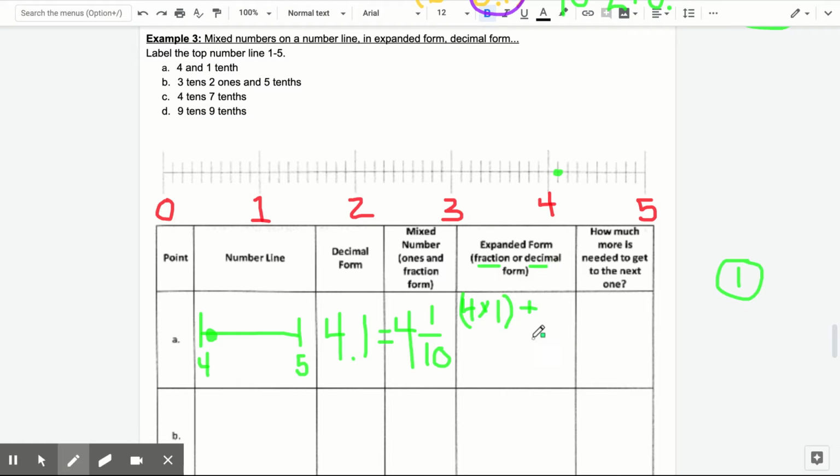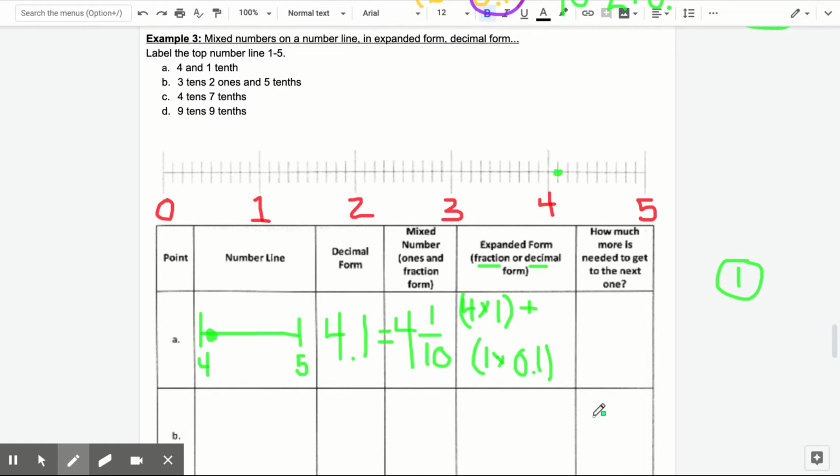Ms. Martin's going to use decimal form just because it's a little easier for her to write. Plus 1 times 1/10. Okay, so that would be my expanded form version. You could write equals your final answer here if you have the space for it, of course.